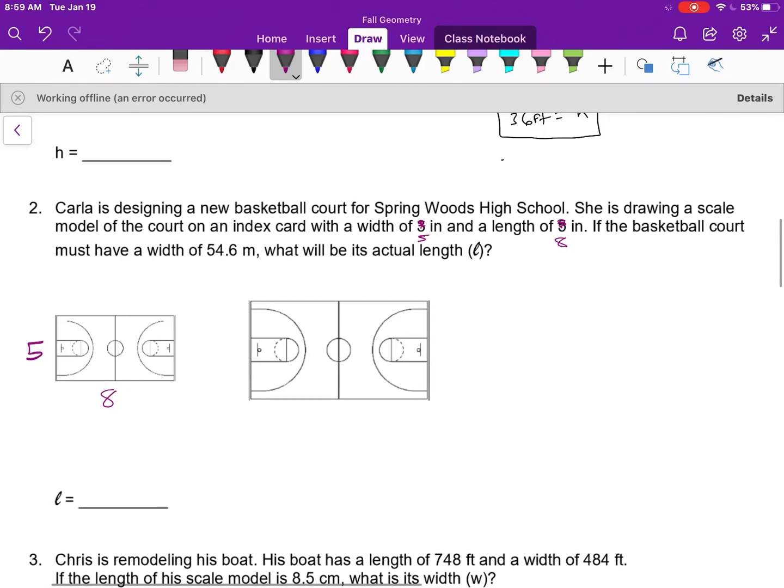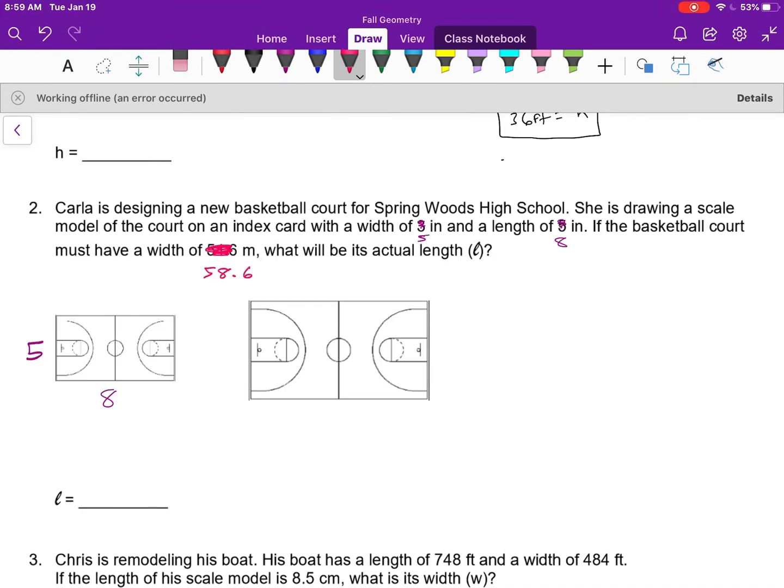Then if the basketball court must have a width of 54.6 meters, what is the actual length? Let's change that value as well, to 58.6, just changing the value up.